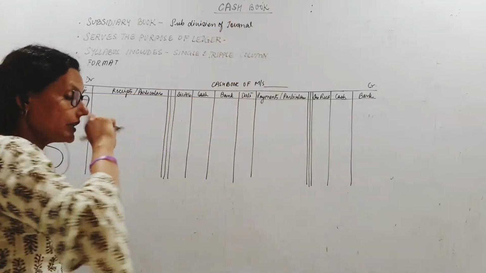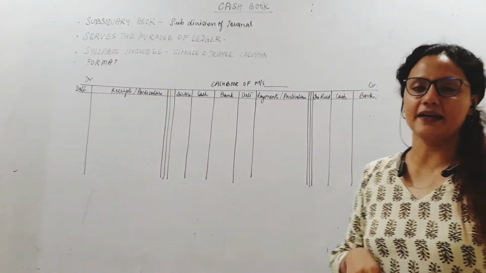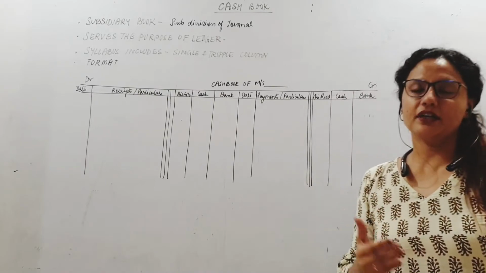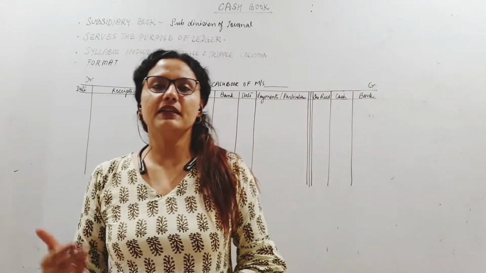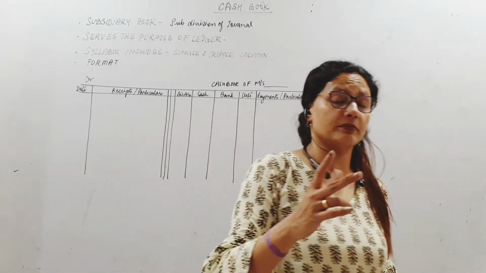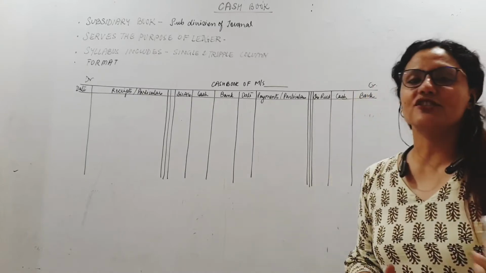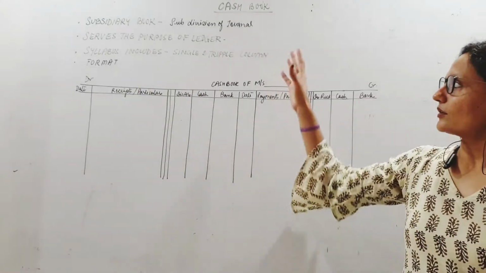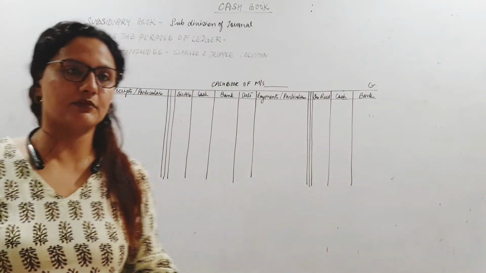So what are the other subdivisions of journal that we have already done? Purchase book, sales book, purchase return book, sales return book, bills payable book, bills receivable book. Those are not there in your syllabus, but still they are books, and the journal proper, right? Now cash book is also one subsidiary journal, a subdivision.